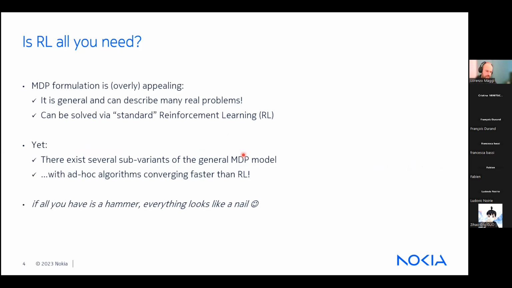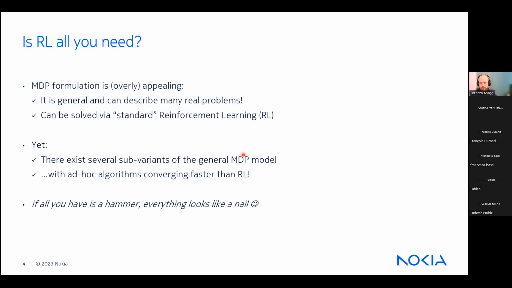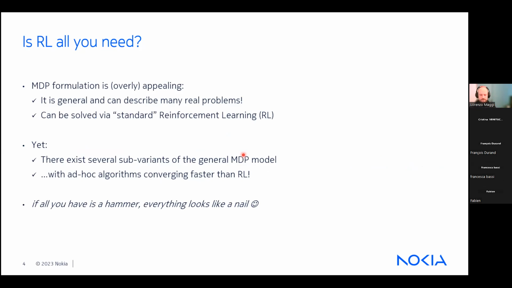So this formulation is probably overly tempting, overly appealing. It is so general that it can describe many real problems. Modulo this Markovian thing that often does not hold, but usually when the state is not Markovian, either you don't care and you act as if it were Markovian, or you put more stuff into the state until it gets Markovian.